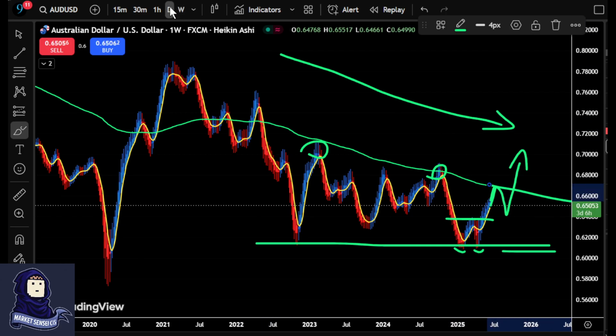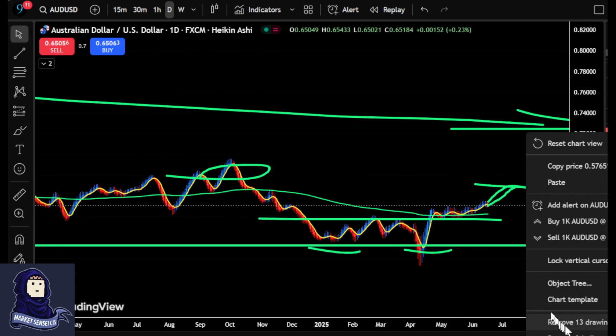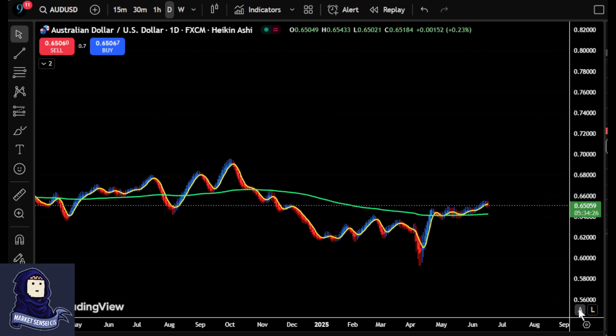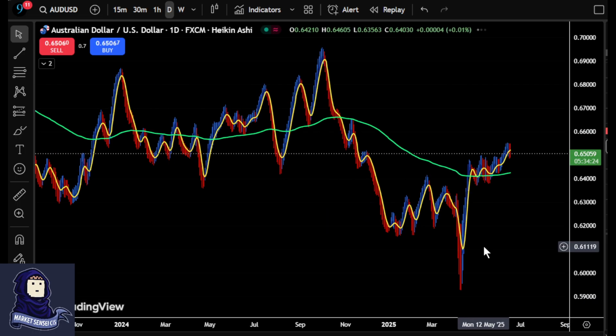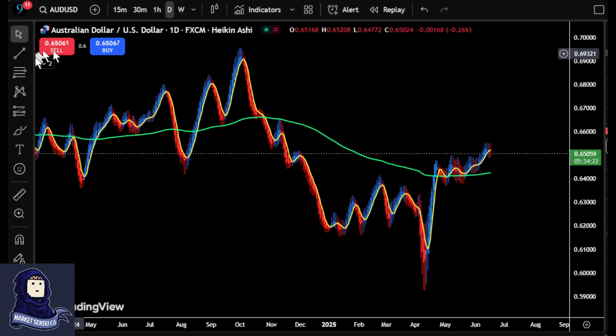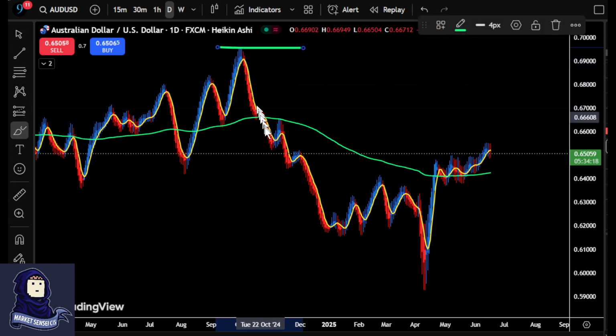So let's check out the daily chart. Okay, remove these things. As you can see here, the daily chart shows after the big move downwards, it has a small bounce up to touch this moving average.